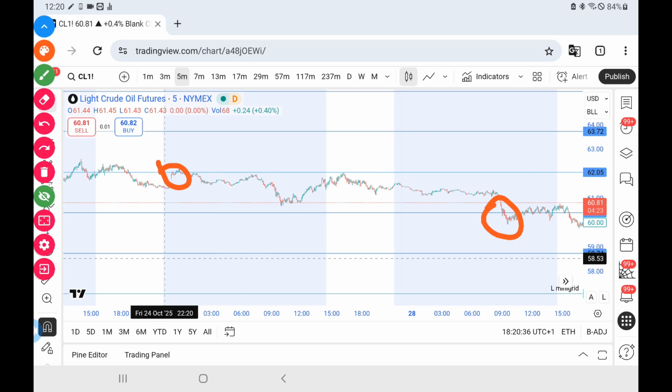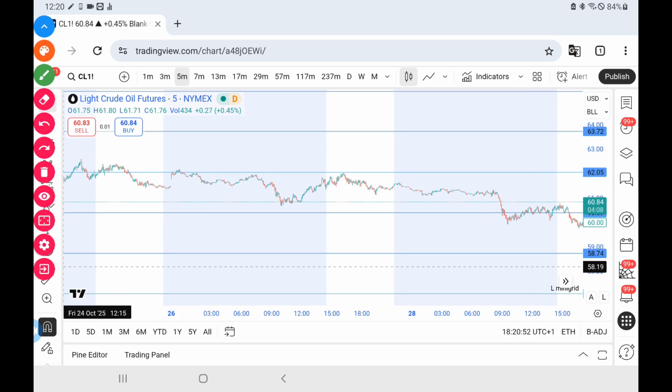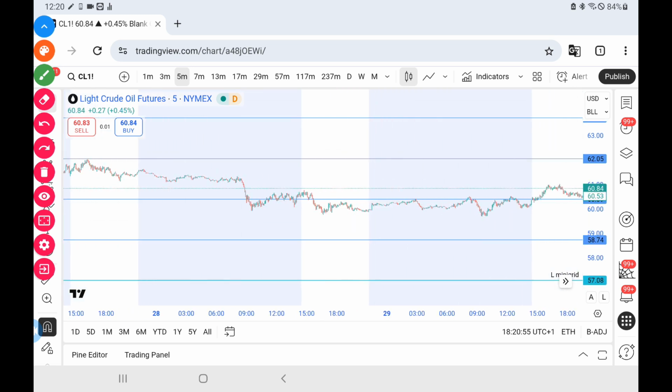So if this was a short position, it would have made money. But again, we're dealing with long positions. This doesn't help us.